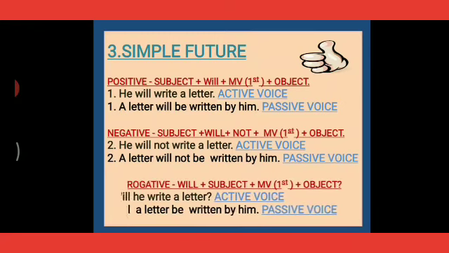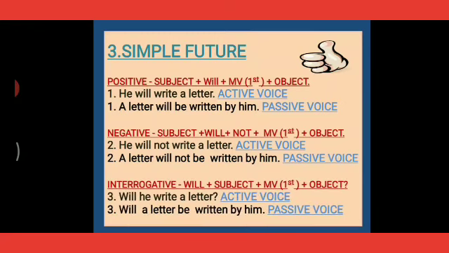Next sentence, interrogative. In interrogative, you always place your verb in the beginning to frame it like a question. Will he write a letter? This is active voice. I have already told you that will is changed to will be for converting it into passive form. How will we do it?